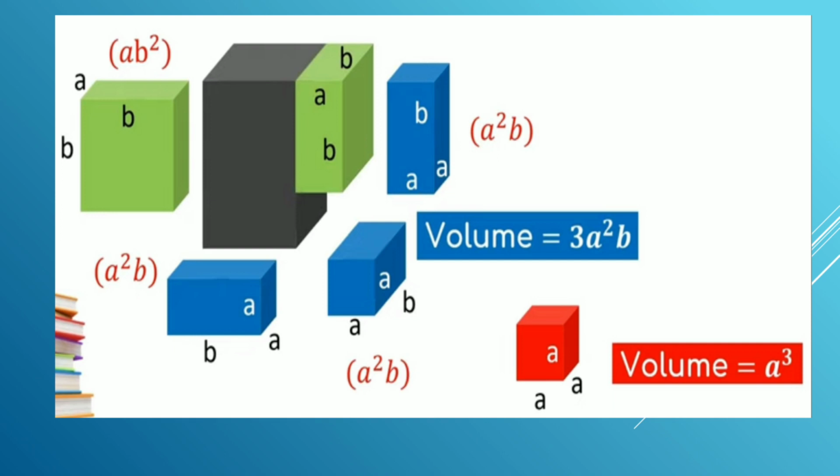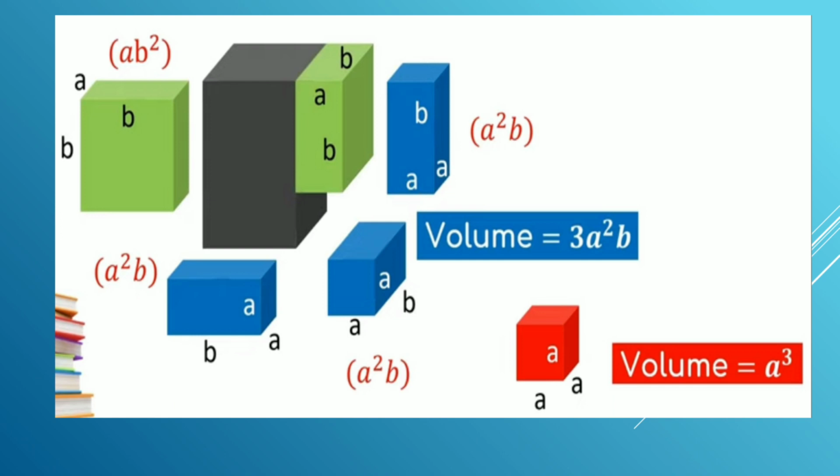That is, we have highlighted this as the green one, that this part we have taken from here, and its height is b, and its width is equal to a. So its volume will be equal to a b square.